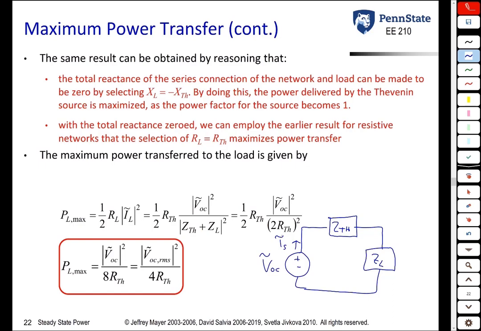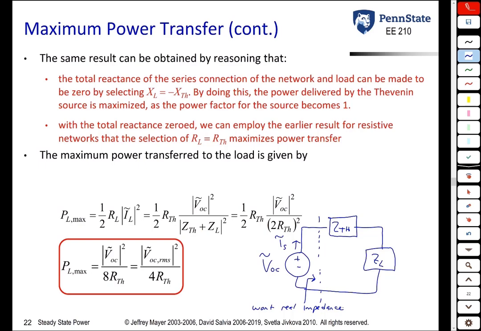If you recall when we talked about power transfer before, we saw that power is maximized when the voltage and current are in phase. That means that to get the maximum power out of this source VOC phasor, we want the load impedance seen by the source to be real. So you want a real impedance.